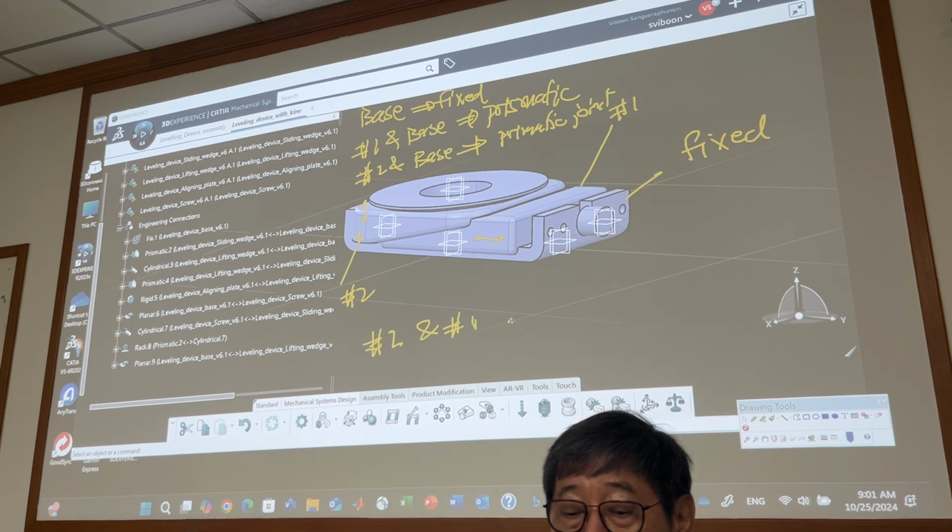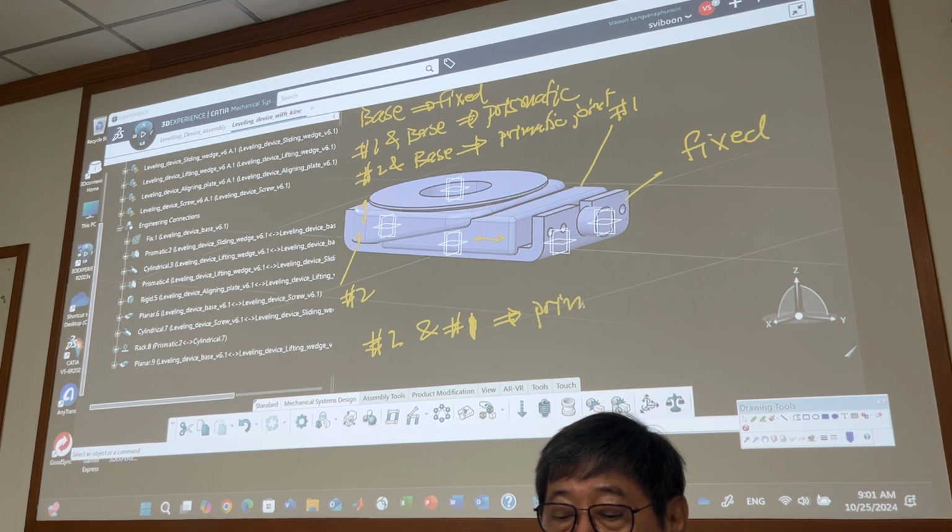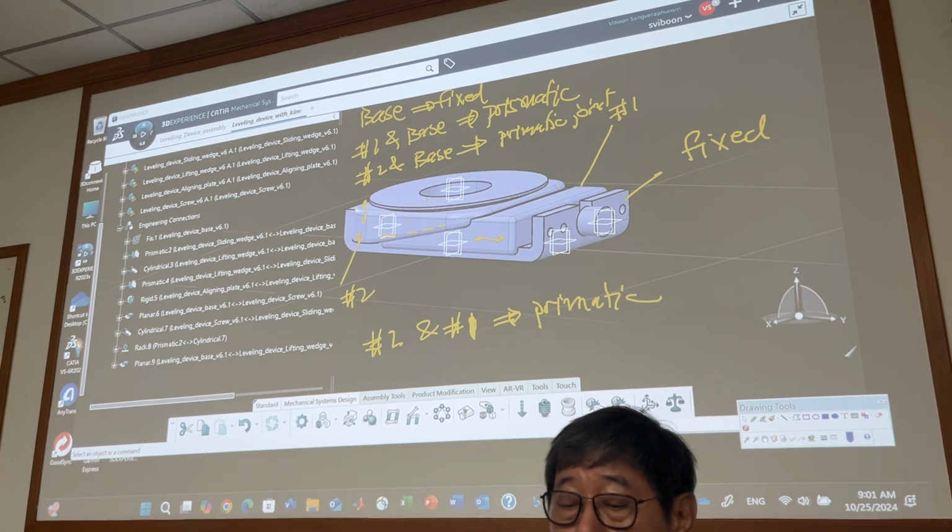Two and one is what? A prismatic joint, right? It's a prismatic joint along this inclined plane, right? Actually, this one and this one can be rotated anyway.